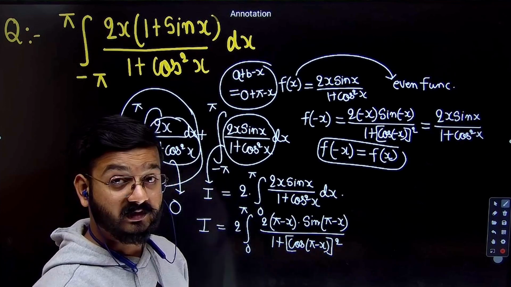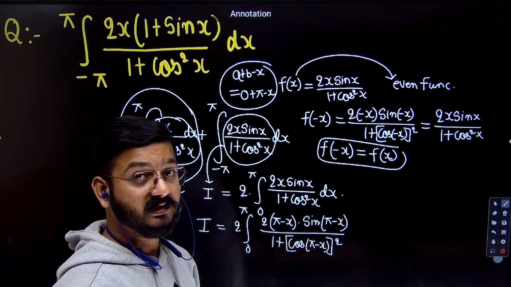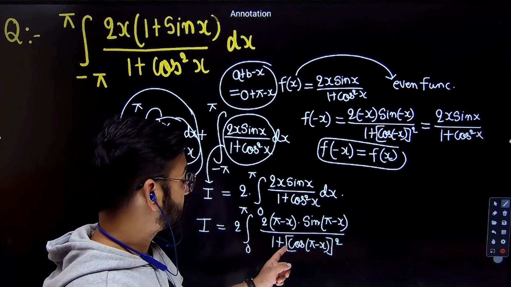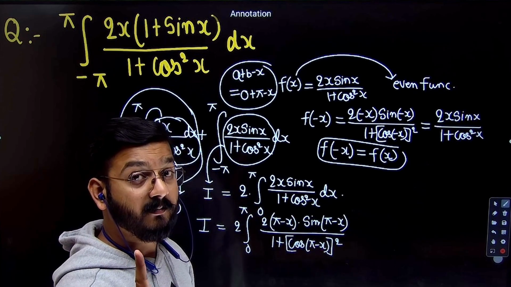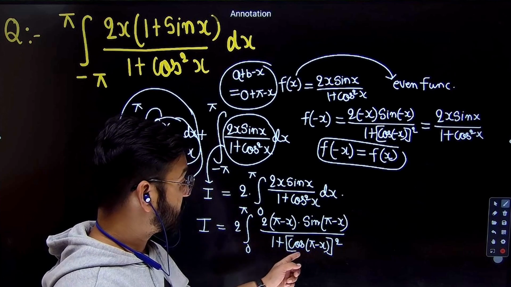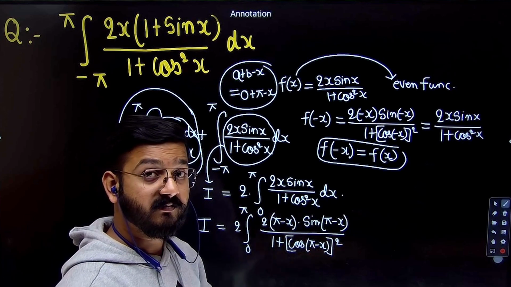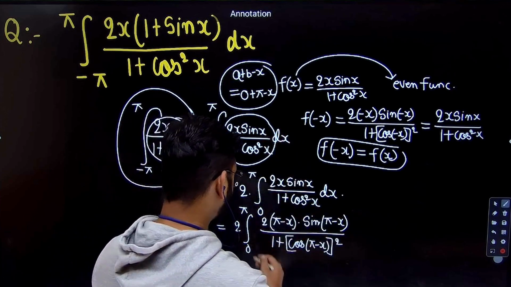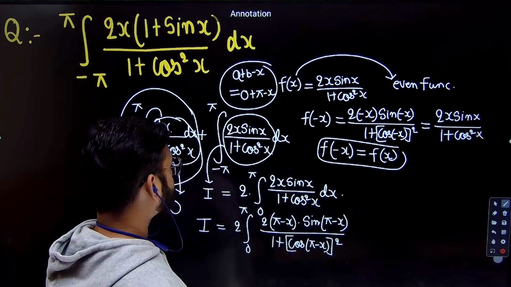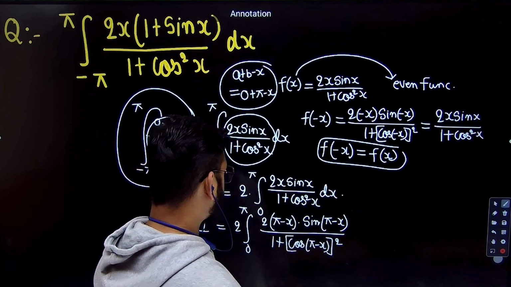Let us use some trigonometry here. What is sine 180 minus theta? Sine theta. What is cos 180 minus theta? Minus cos theta. But there is a square, so minus cos theta will become plus cos theta only. So when you open it, you can take 2 outside.